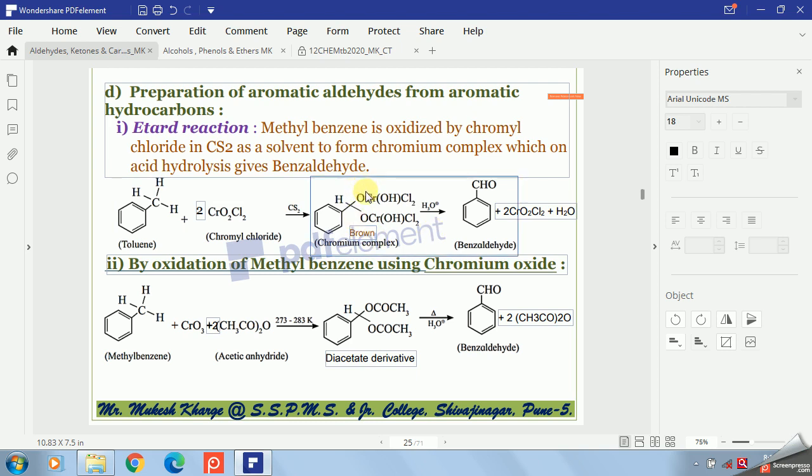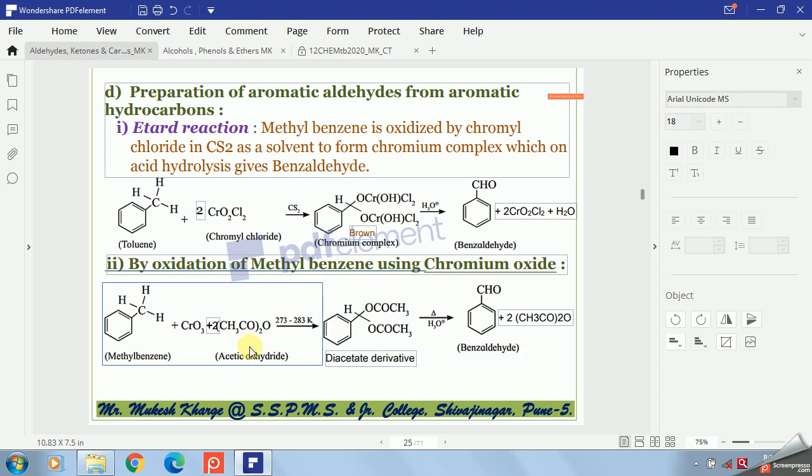So by simply breaking these bonds, okay, this carbon is already tetravalent. If we make one carbon oxygen double bond, then we have to break the other carbon oxygen bond. So the byproduct is CrO2Cl2 plus water.